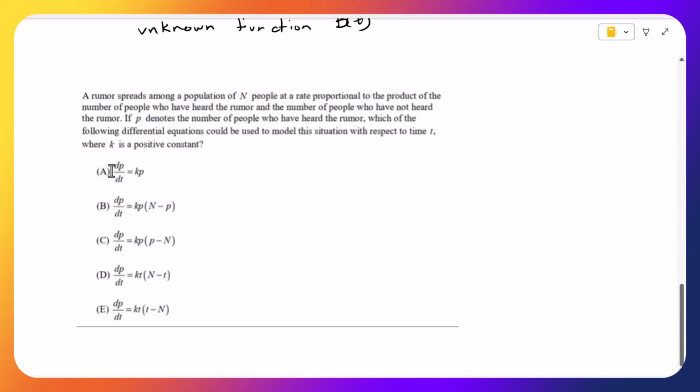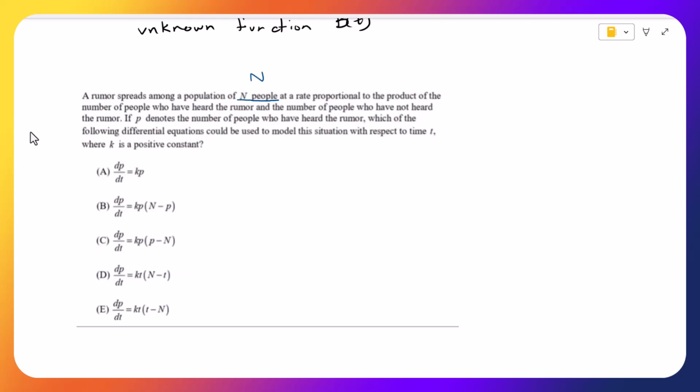Let's come down here. Multiple choice is the last thing I'm going to say for writing this equation. We're reading this question. A rumor spreads among a population of N people. So it gives us our variable N at a rate. Rate tells us what? It tells us we're looking at a derivative.